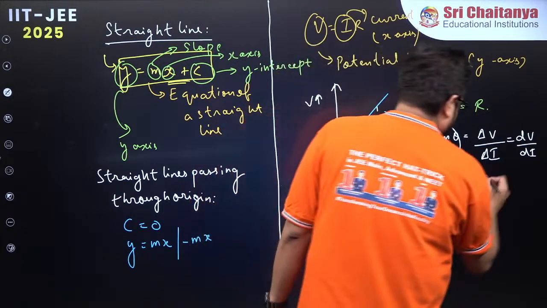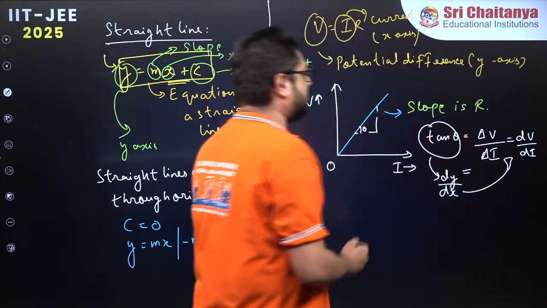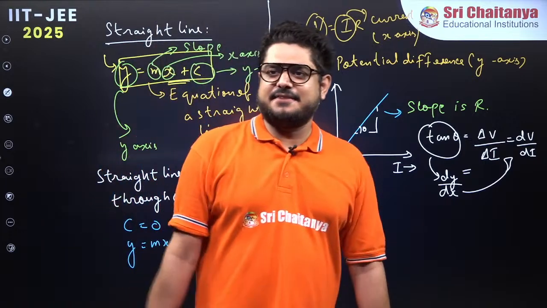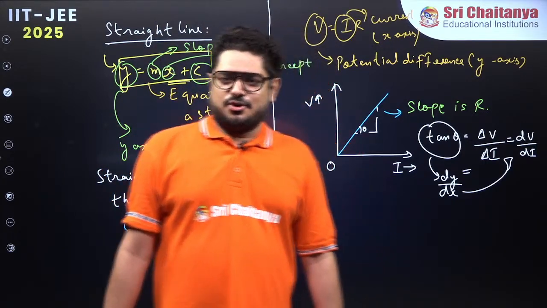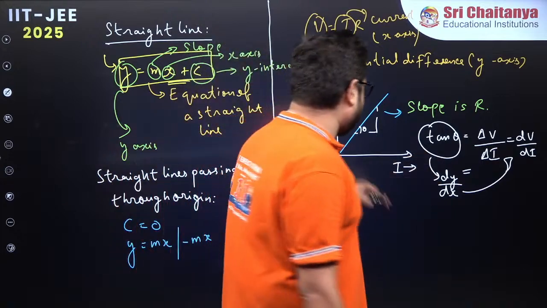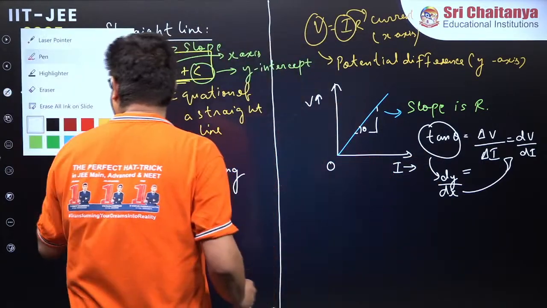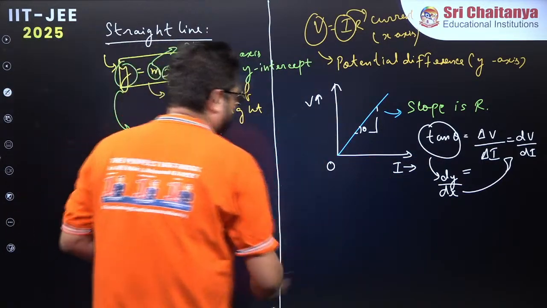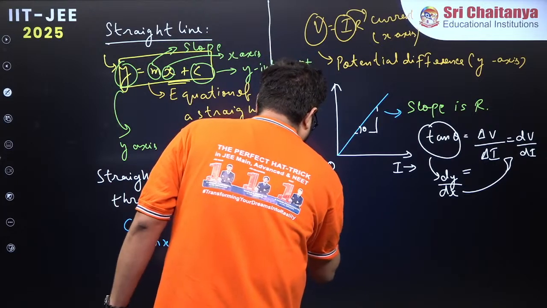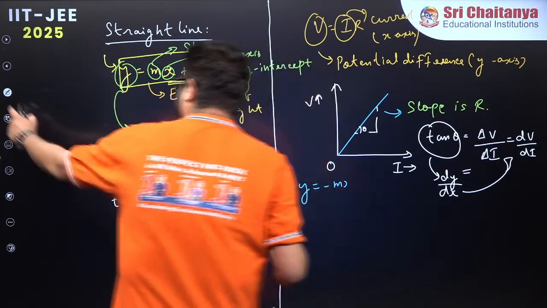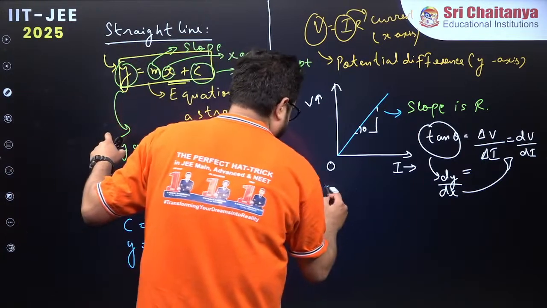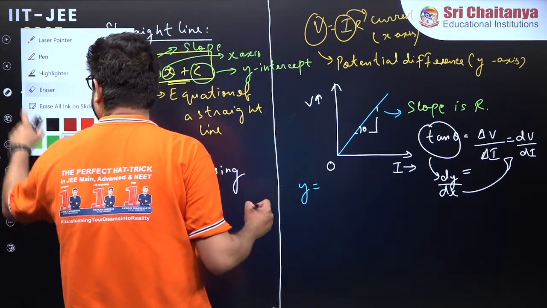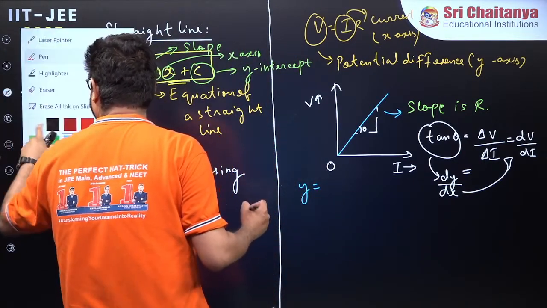In this case it is dV by dI, which is the slope. Isn't it, everyone? Okay, so that's how we can say. And if I try to plot, let's say y is equal to minus mx, or let's try to plot a graph over here which is being denoted as y is equals to minus of 2x.